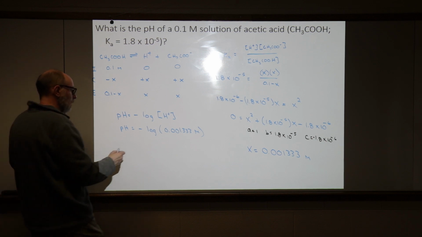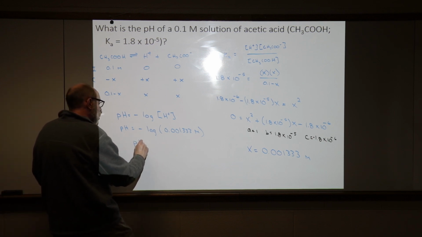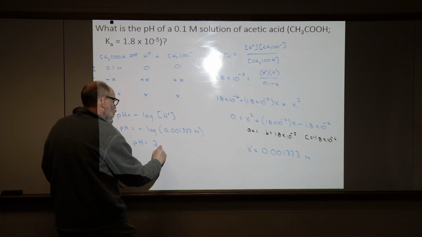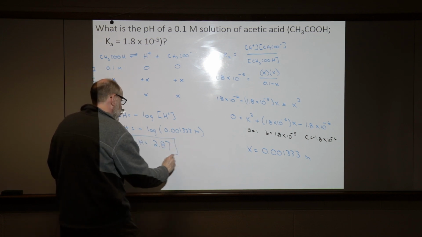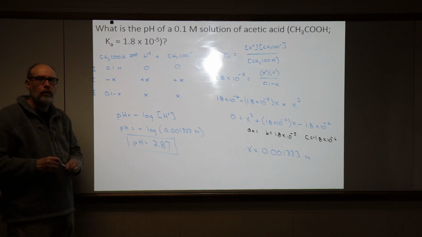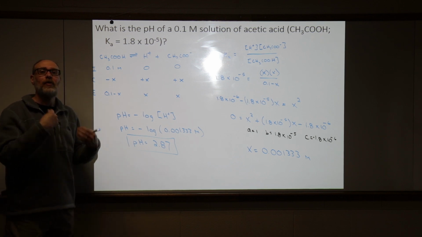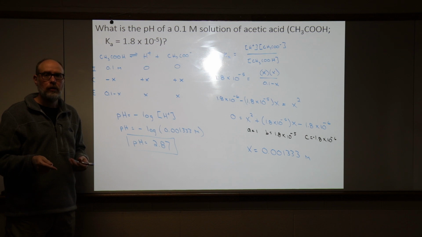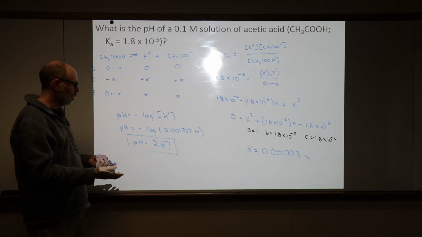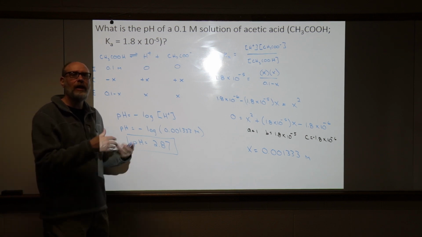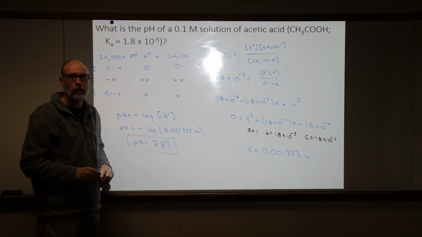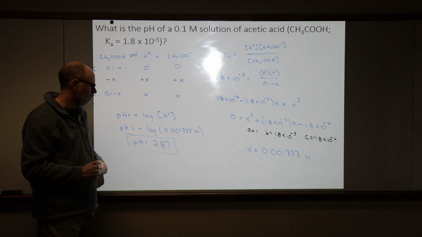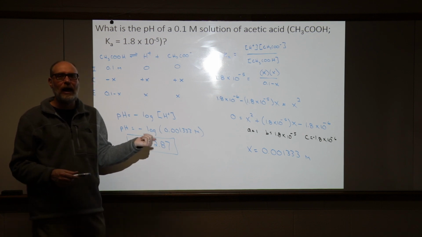Plug that into your calculator, and the pH ends up being 2.87. pH below 7, so it's acidic. All right, so we have an acidic solution, but not nearly as acidic as that strong acid solution of an equal concentration, 0.1 molar. So that's how we get to that point.